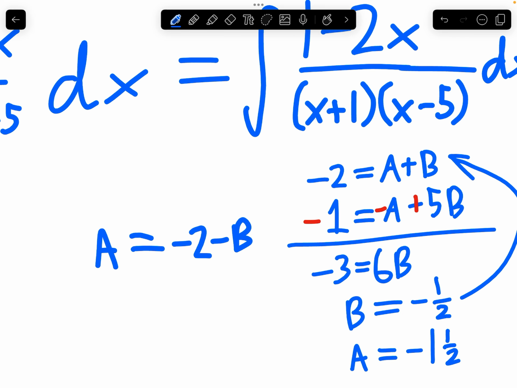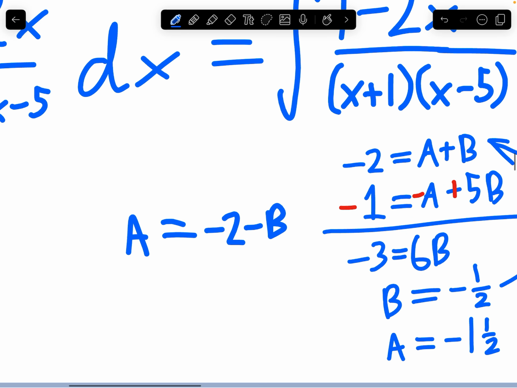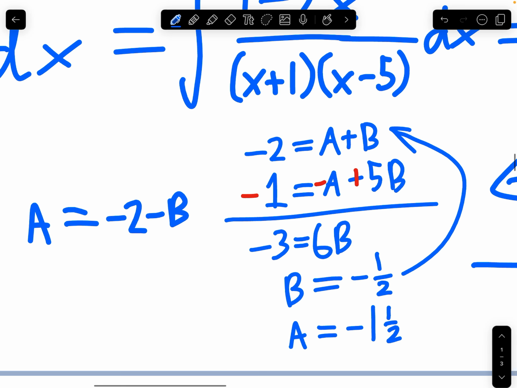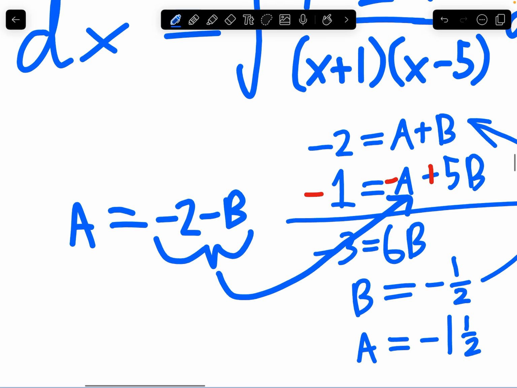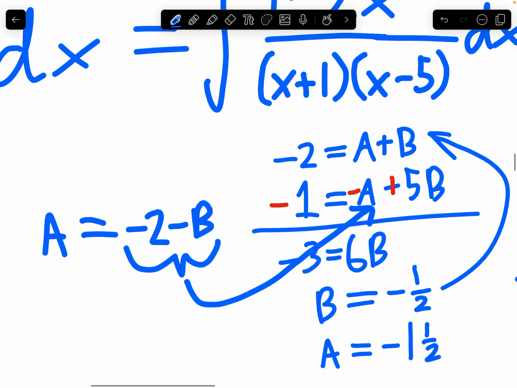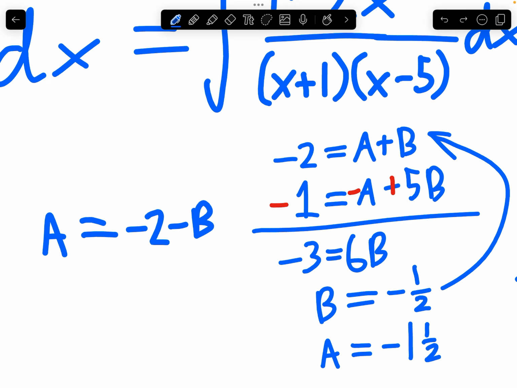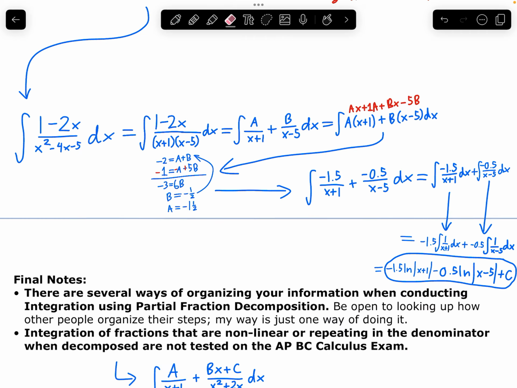Yeah, that seems about right. And then basically I would take this A and plug this equation into here. And that way, you would only have B's in that equation, and I would be able to figure out what B is. Then I would substitute B up top, and I would be able to figure out what A is. Does that make sense? I hope that did.